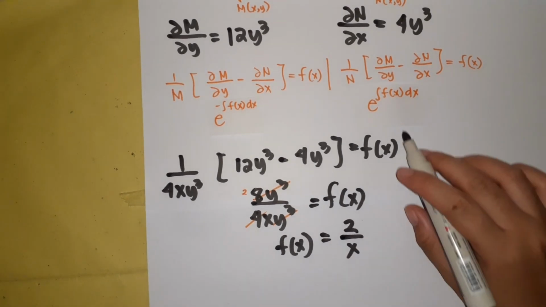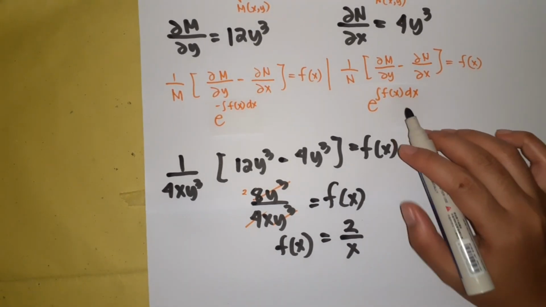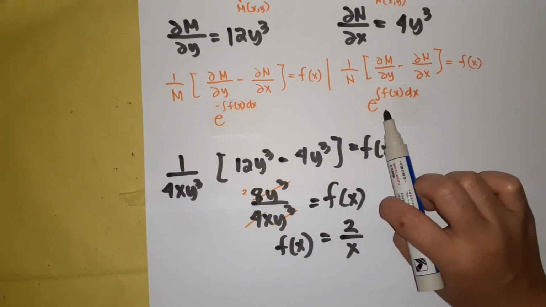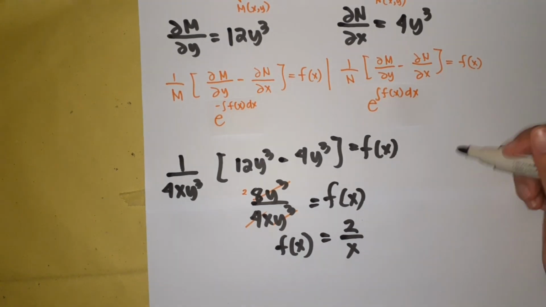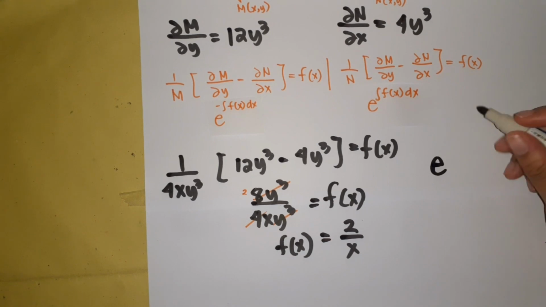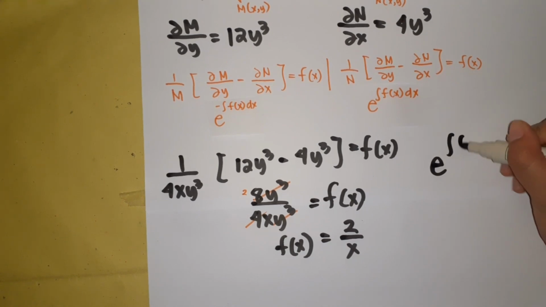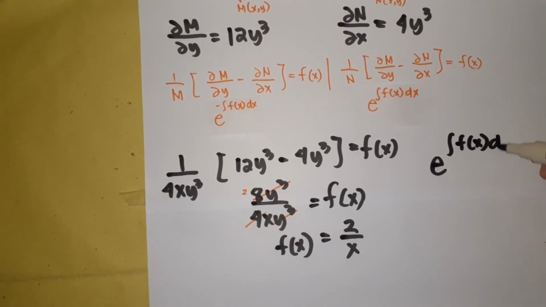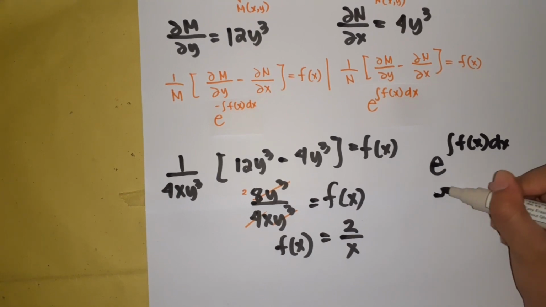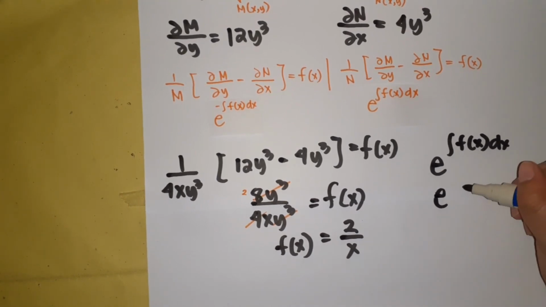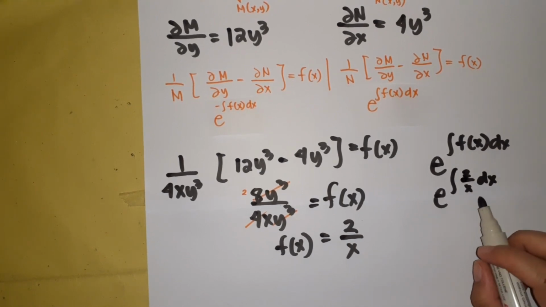So next, we will get the integrating factor. We will use this formula, e raised to the integral of f of x dx. Our f of x is 2 over x, so e raised to the integral of 2 over x dx.